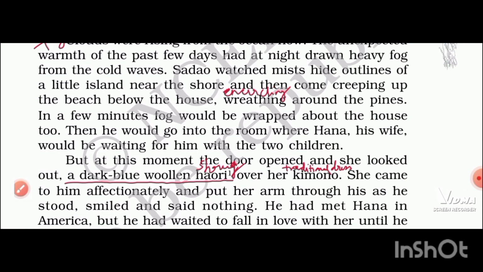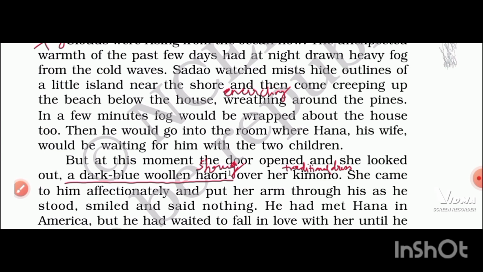Sadao watched mist hide outlines of a little island near the shore and then come creeping up the beach below the house, wreathing around the pines. Now, exactly what was going on?